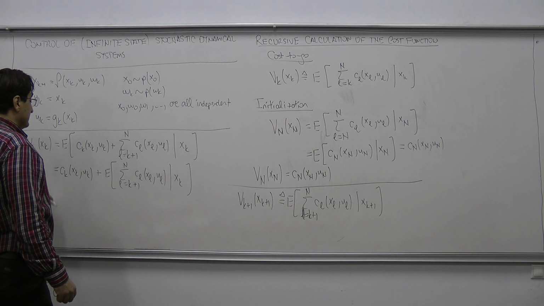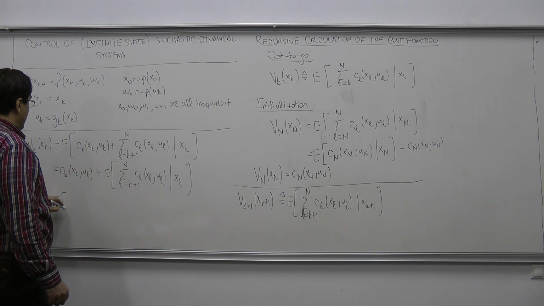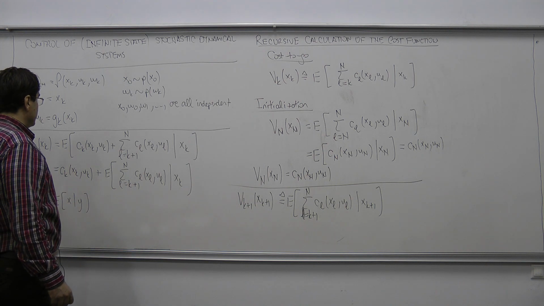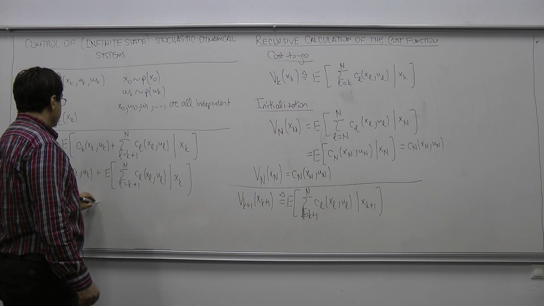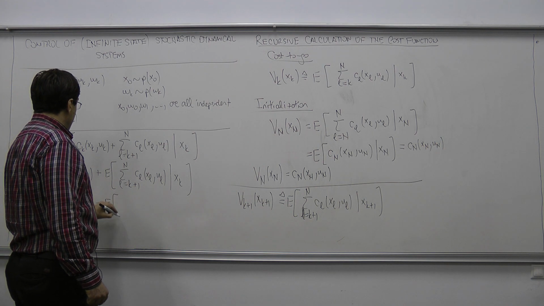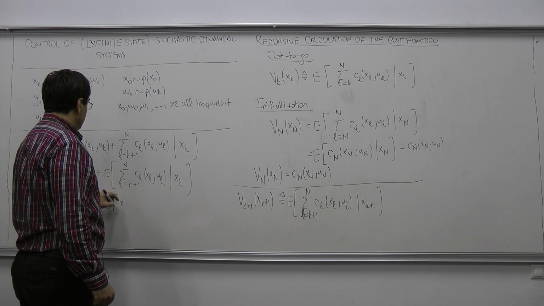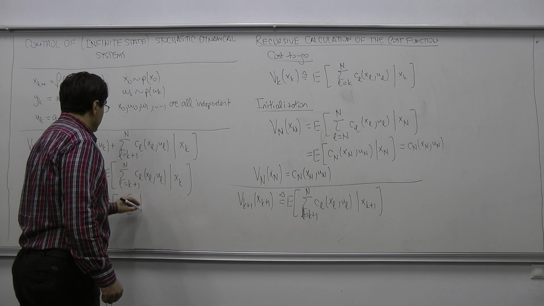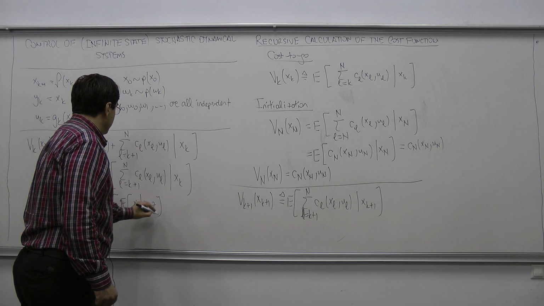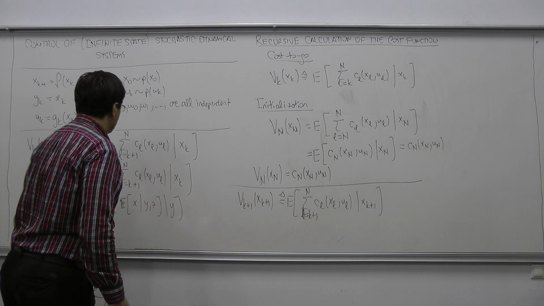Remember, the law of iterated expectations tells us that for any two random variables, the expected value of x given y is equal to the expected value of an inner expected value, x given y and z, with y in the outer condition.